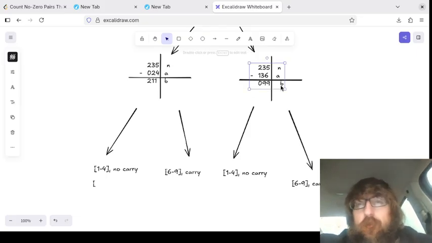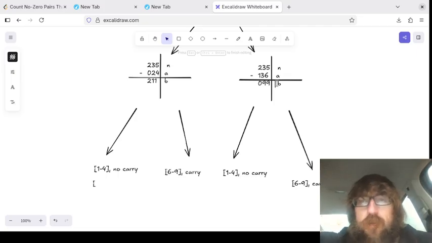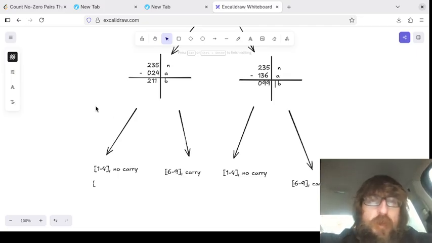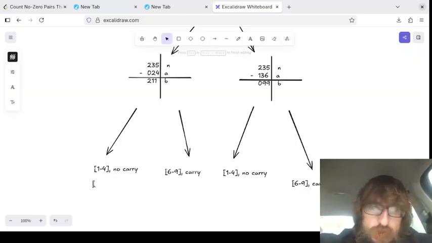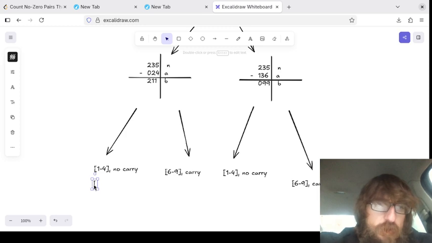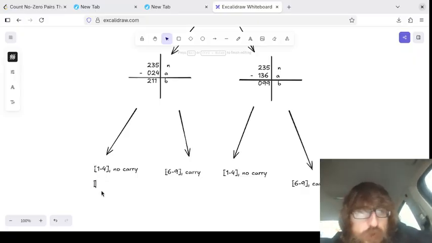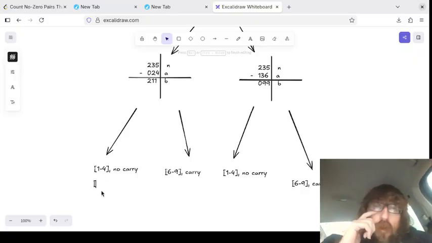A little bit involved, a little bit confusing. The reason why I wanted to change the numbers a bit. So we'll have 1 through 4, no carry. 6 through 9 is a carry, which I kind of showed here. 1 through 4 will be no carry again, but 6 through 9 is a carry. And then what's special is that there is this second position, where because I didn't carry over here, well, forget even carrying.